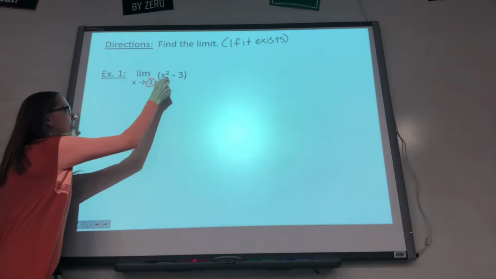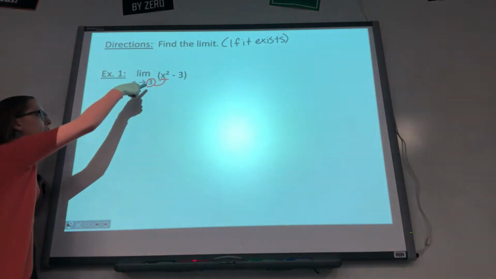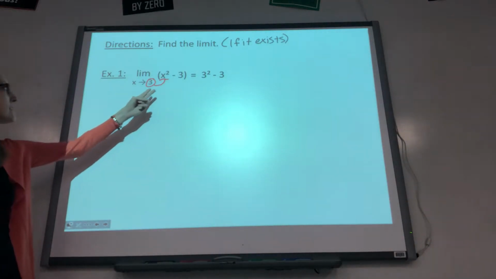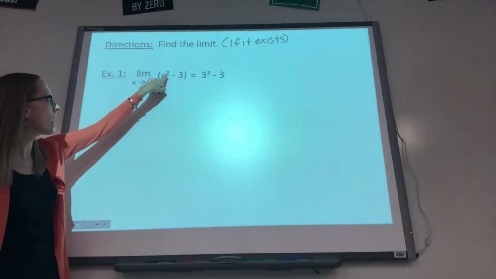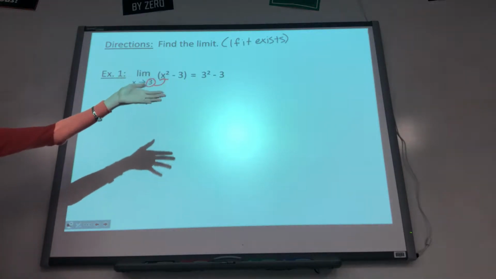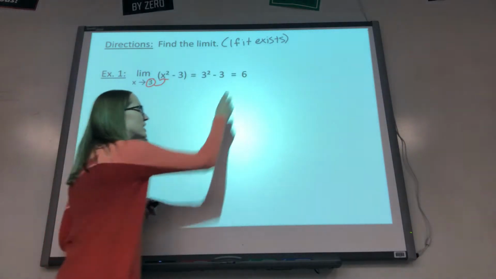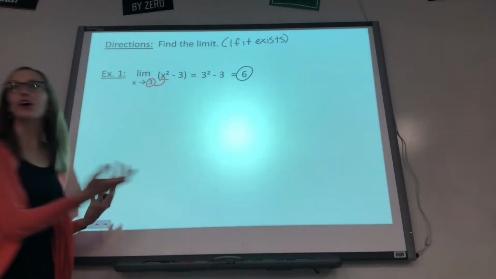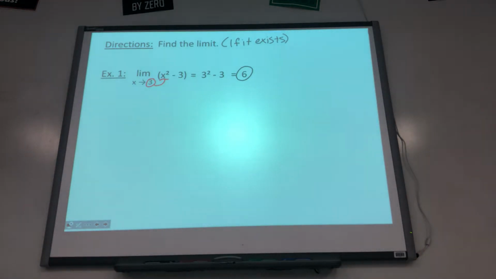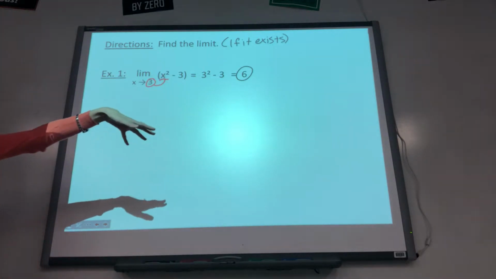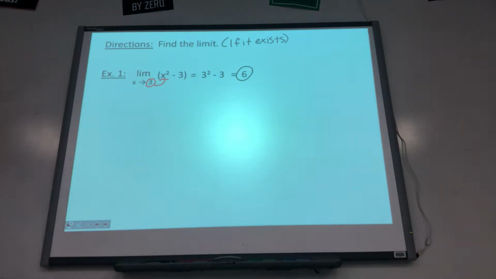So let's take that 3, plug it in for x, so you don't really have to have parentheses around this. You can just take 3 squared minus 3, and this looks promising. That would be 9 minus 3, which is 6. It worked. So the limit as x approaches 3 of that function is 6. Okay, that right there is direct substitution. It's the easiest way to find the limit, so it's always the first thing that we try.